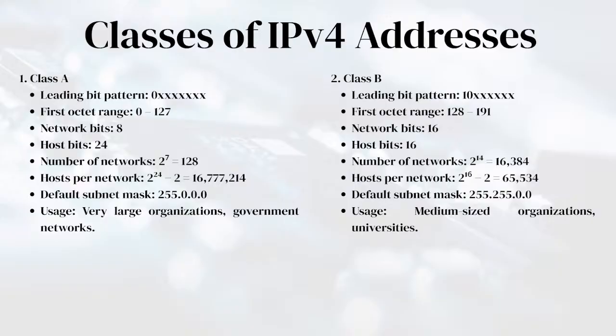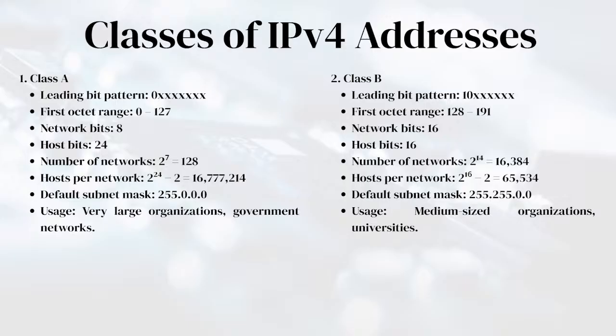Here are the classes of IPv4 address. The first class is A. The leading bit pattern is 0, and the first octet range is 0 to 127. Its network bits are 8 and its host bits are 24. The number of networks is 2 raised to 7, which is 128.